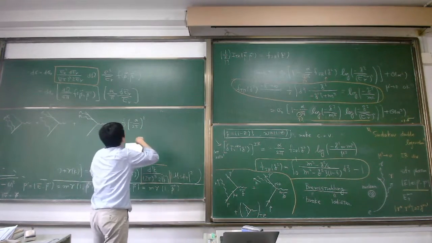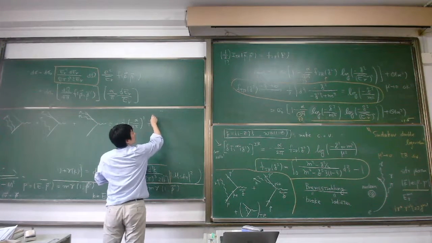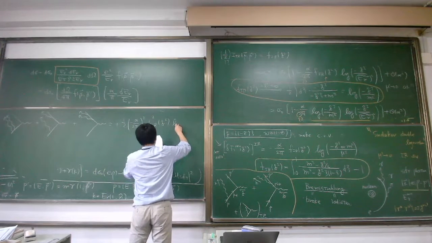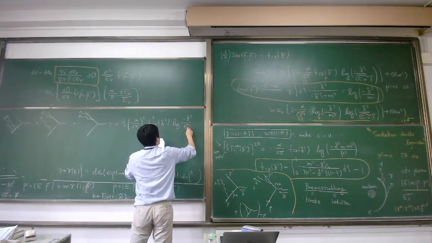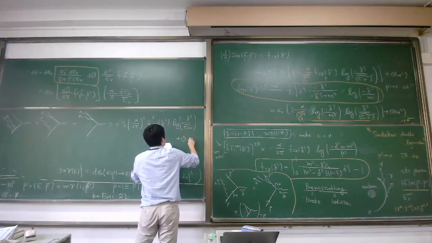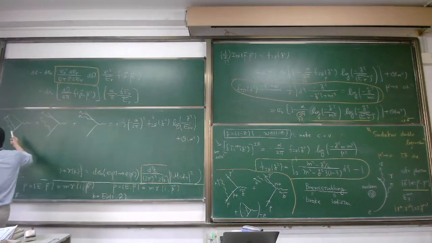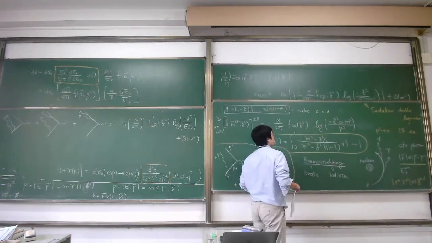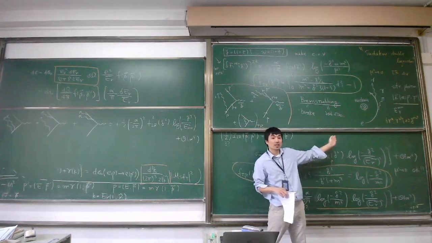Squared, and then F_IR of Q square and log of minus Q square over E square minimum, and so on, plus order alpha squared. If you include this, what we have is just this part squared.